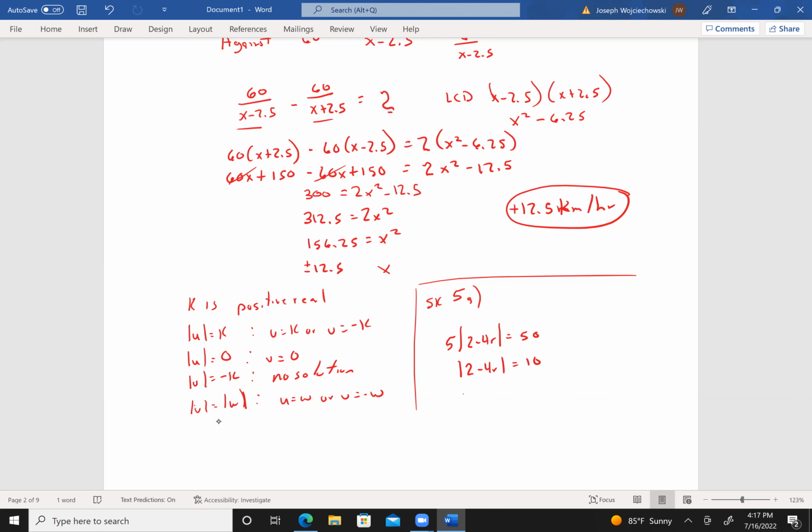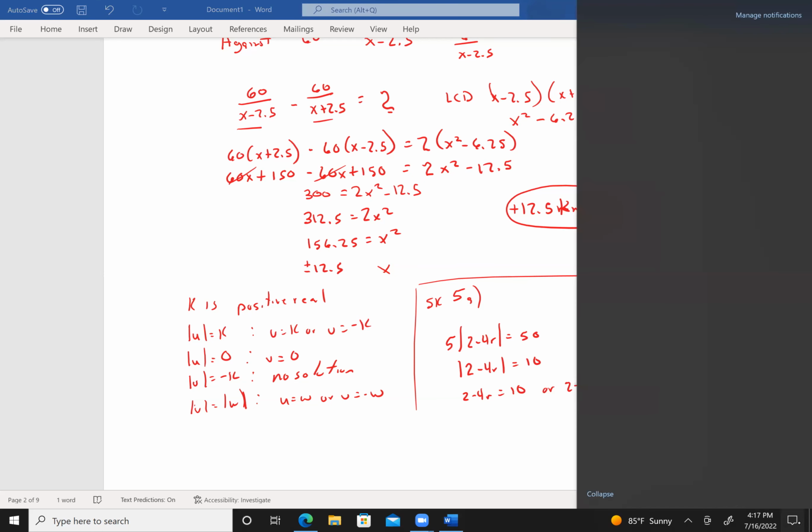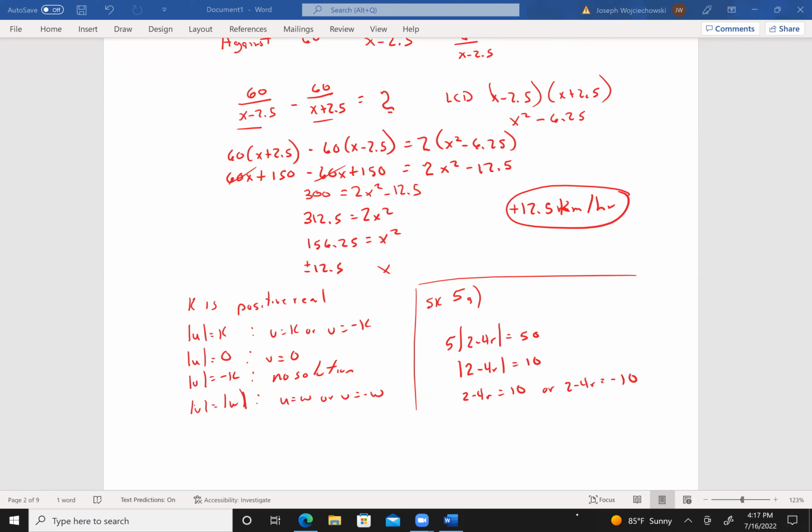So 2 minus 4r equals 10, or 2 minus 4r equals negative 10. And now we just solve this. Subtract 2 and we get negative 4r equals 8, r equals negative 2. Subtract 2 and we get negative 4r equals negative 12, r equals 6.